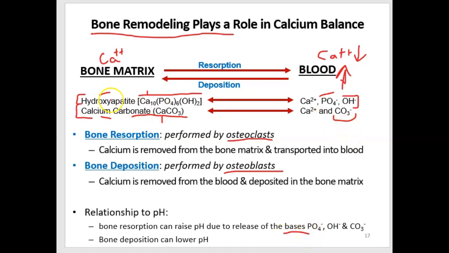So if osteoclasts break down bone matrix so that calcium gets into the blood, so do these bases. The bases get into the blood. And so these bases will increase pH. If we go the other way, then we lower pH. But you won't be asked about pH, okay, on a test.